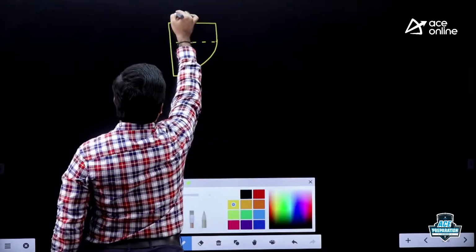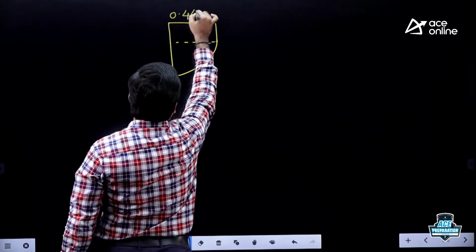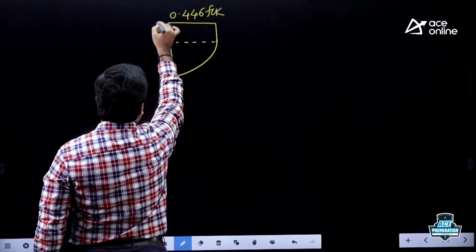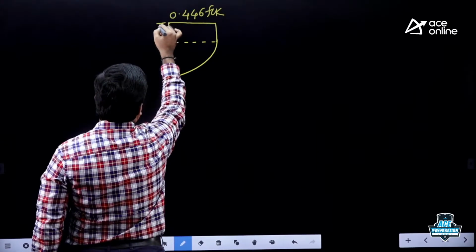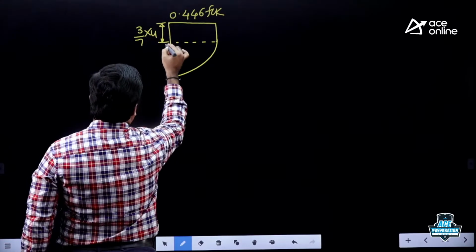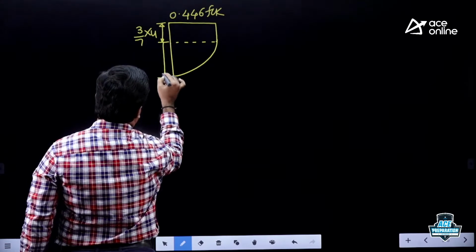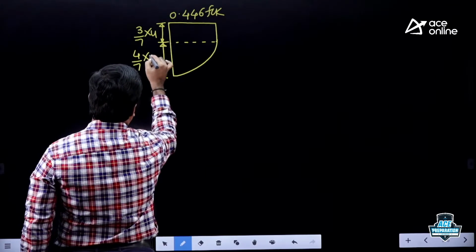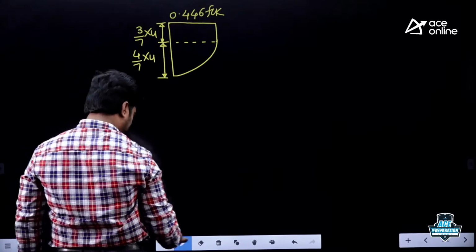You know, it is the 0.446 FCK design strength of concrete, and this one be the depth of rectangle, say 3/7 XU, and it is a depth of parabola, say 4/7 XU, right?